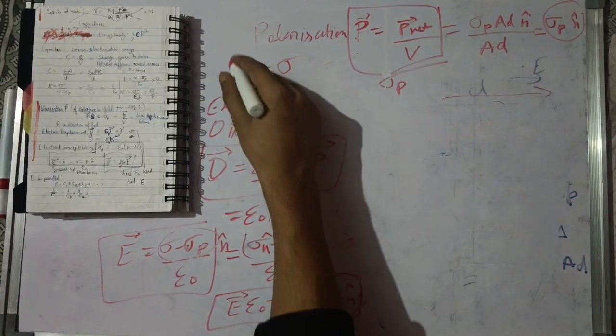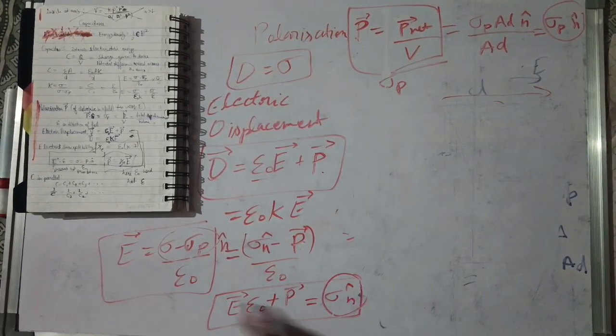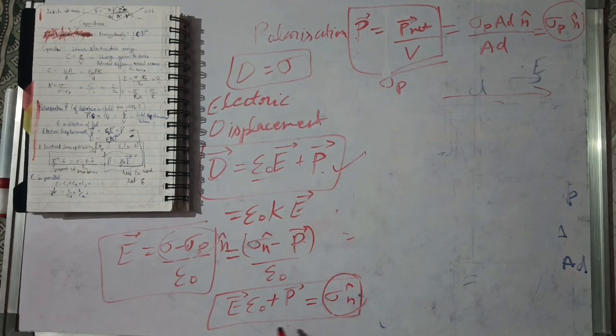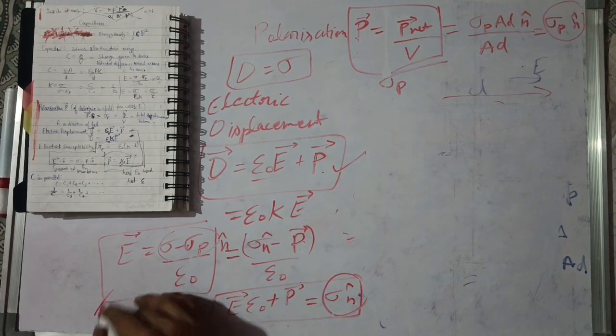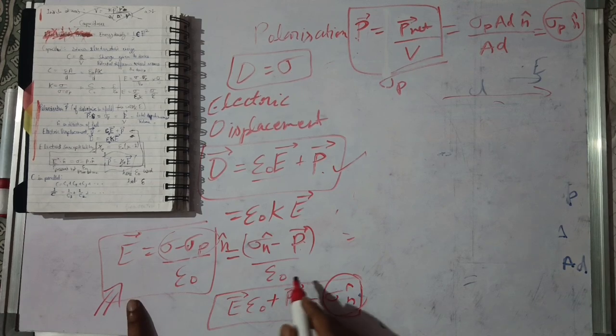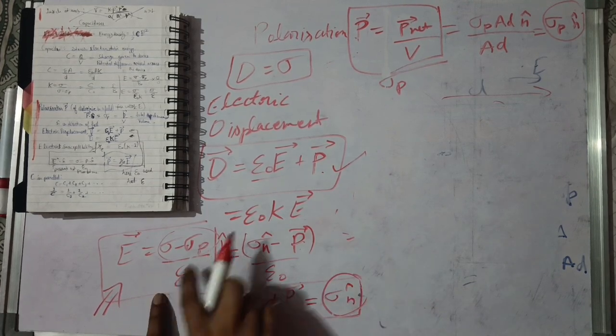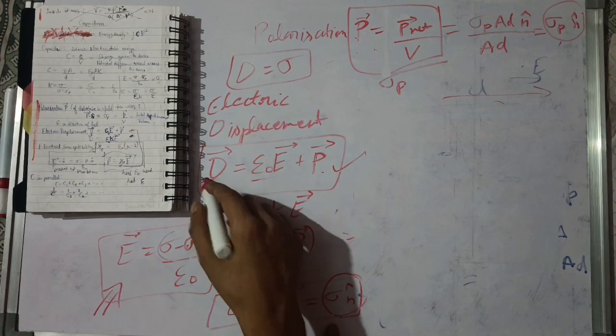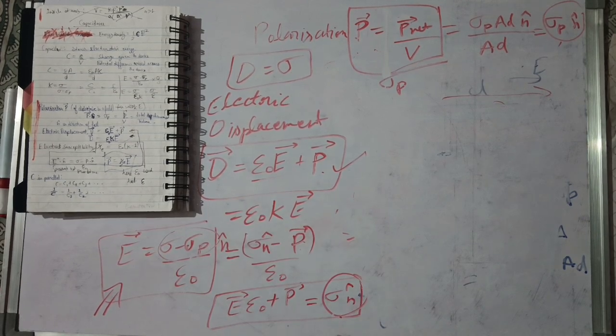We can write the magnitude of D as sigma according to this. We used this equation and then this fact to derive this relation, and this is called the electric displacement vector.